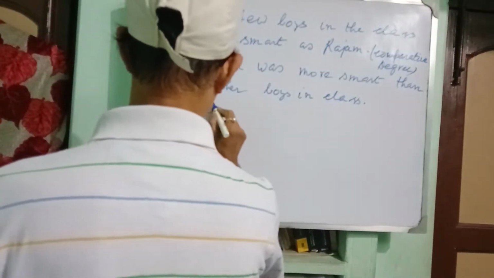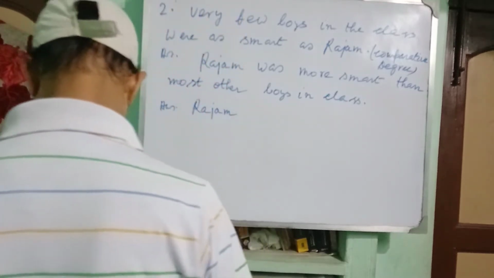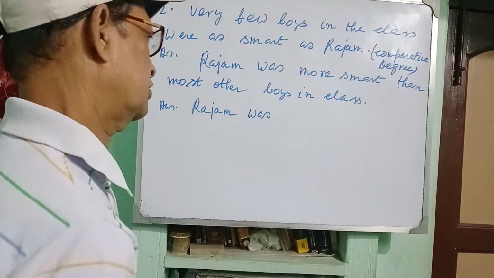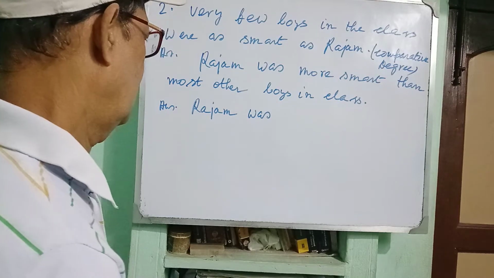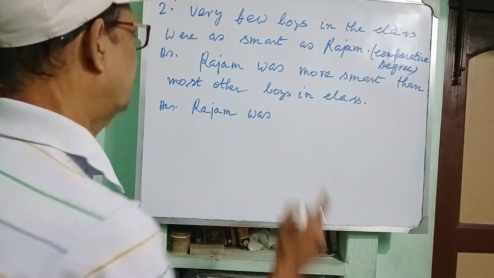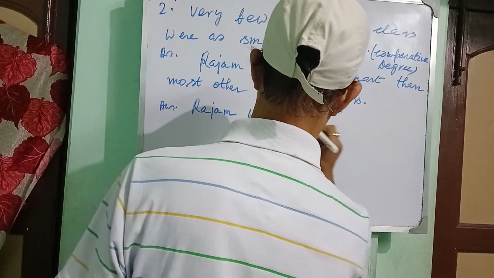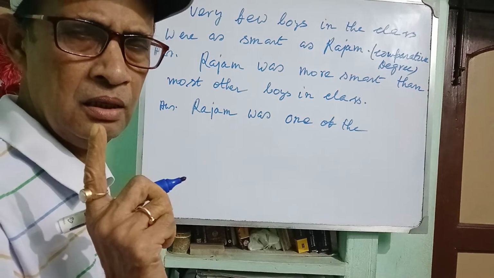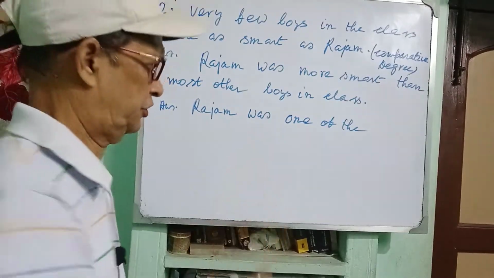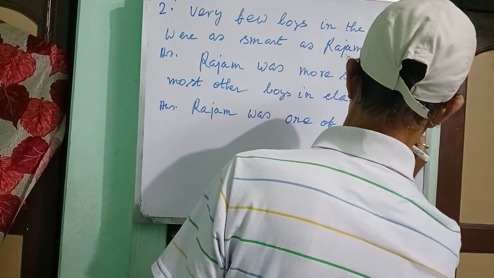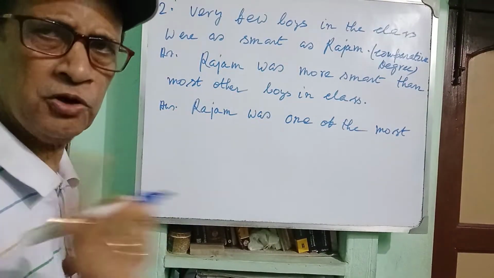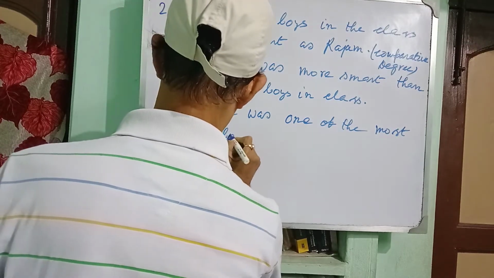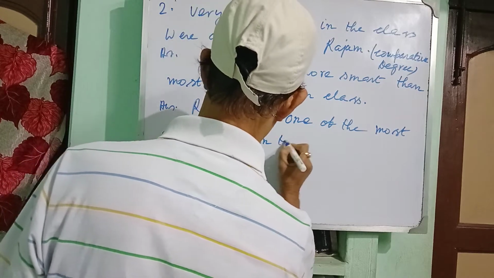Rajam was one of the most smart boys in the class.